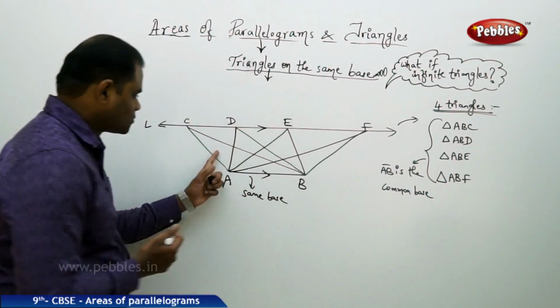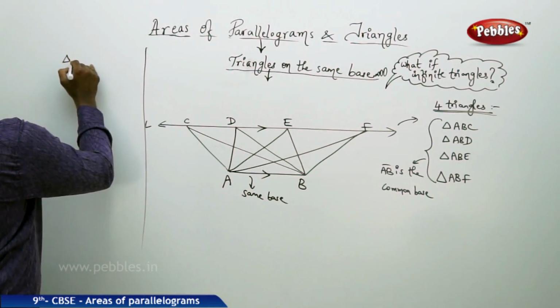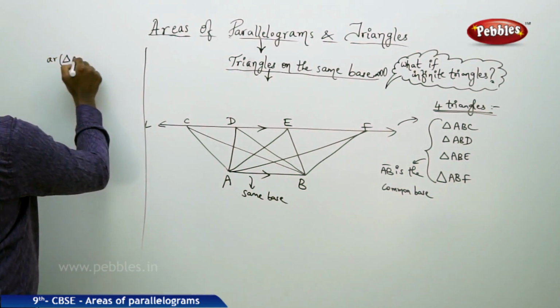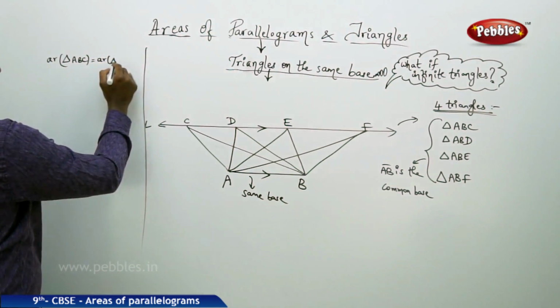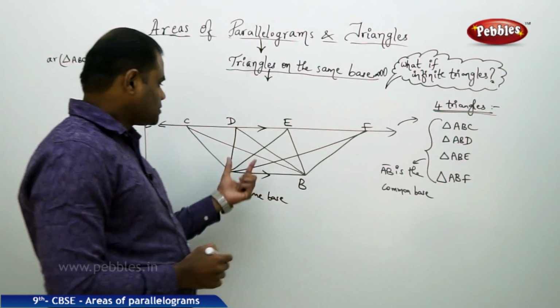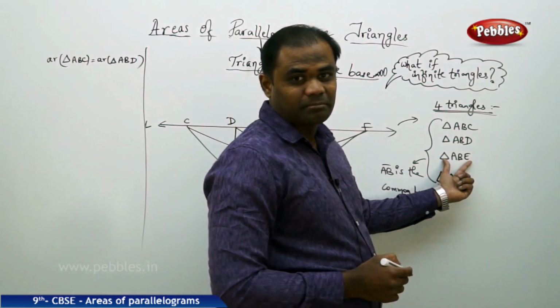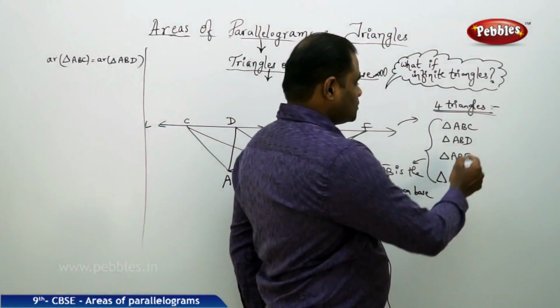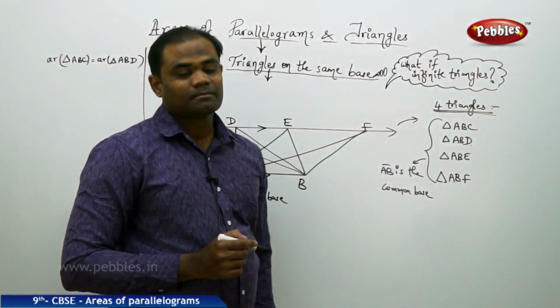So when I take the first two triangles, area of triangle ABC must be equal to area of triangle ABD. Now when I take the case of the second and the third triangle, these two triangles are on the same base and between same parallels. So area of this must be equal to area of this.